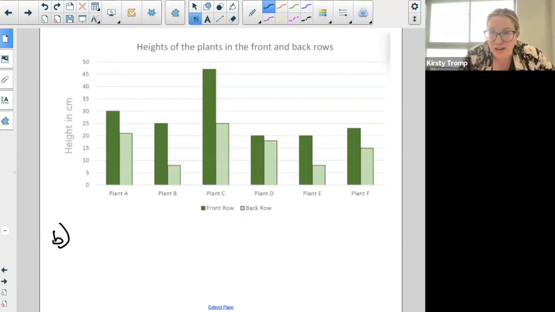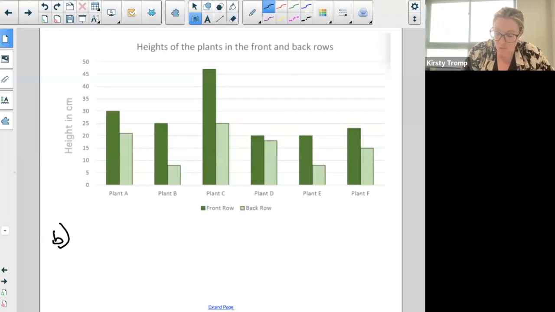Let's go, Shakina. Hi, Shakina. Which plant was the most affected by the sun? I think plant E in the back row.